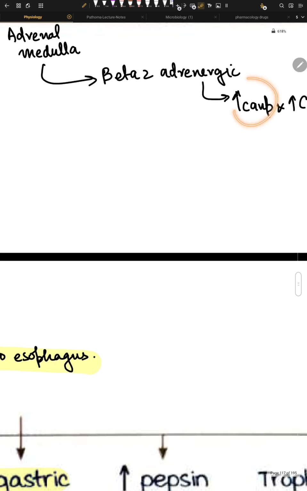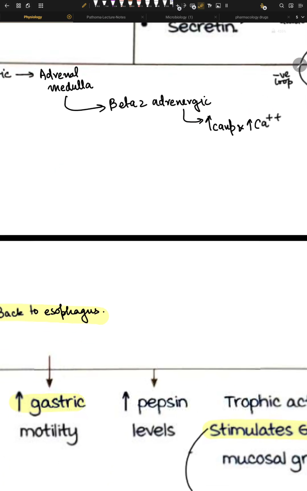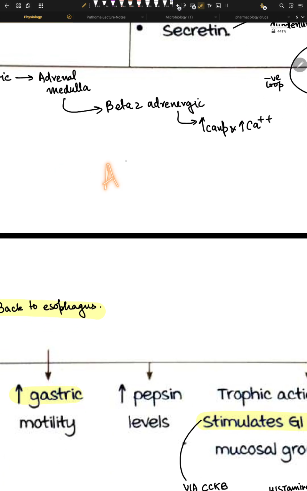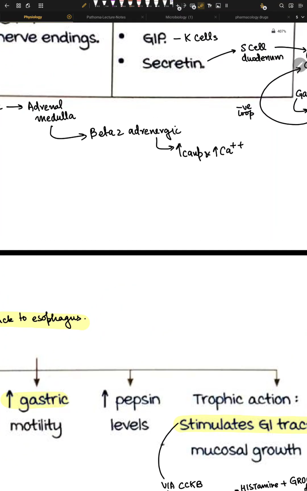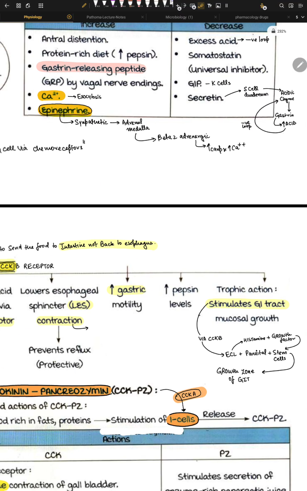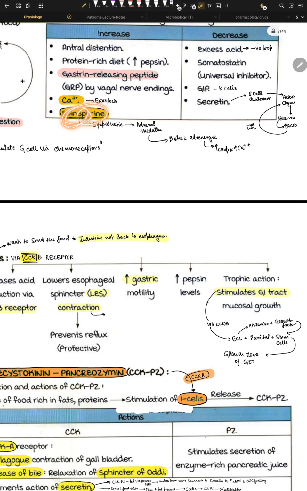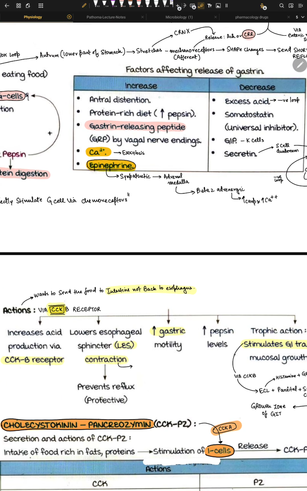Increased cAMP relates to adenylyl cyclase, AC, and then AC will lead to further pathways, and eventually we will have a positive excitatory response. That is how epinephrine can release gastrin, and then gastrin can release HCl.